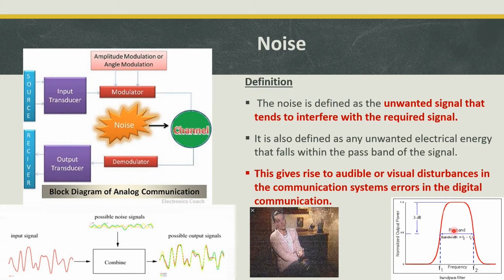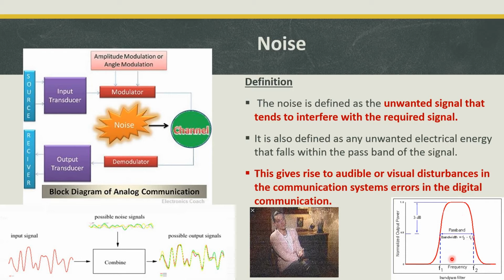Within this band, if noise enters, thermal noise will be available at all frequencies from minus infinity to plus infinity, irrespective of the frequency. So in this particular band, thermal noise will definitely be available.